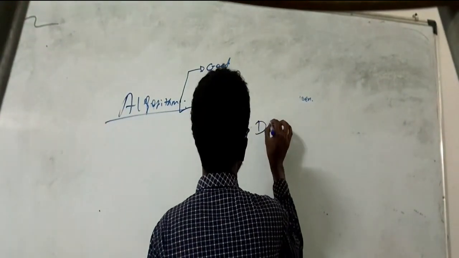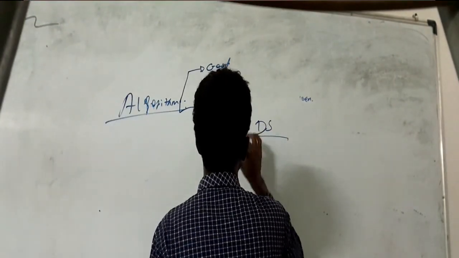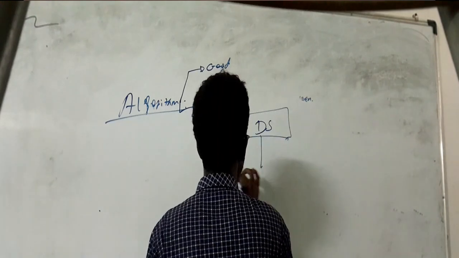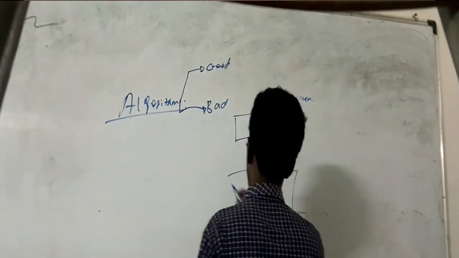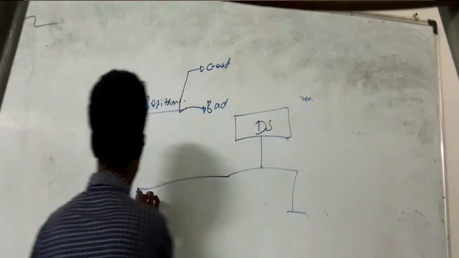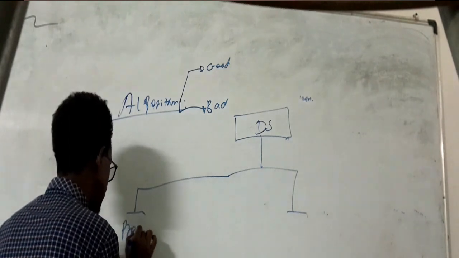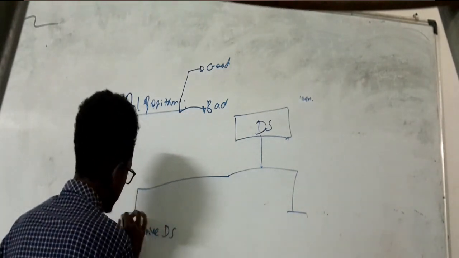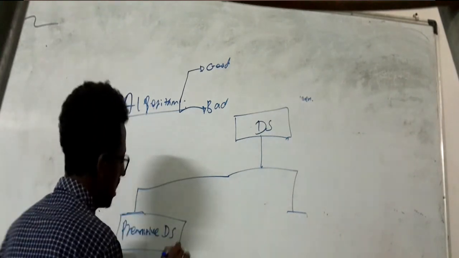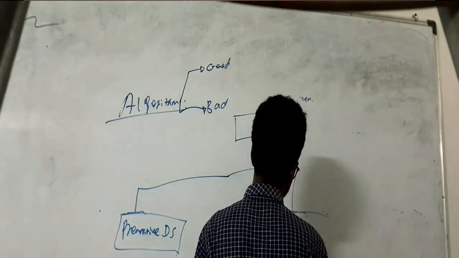So data structure can be divided as: the first one, primitive data structure, and the second one is non-primitive data structure.